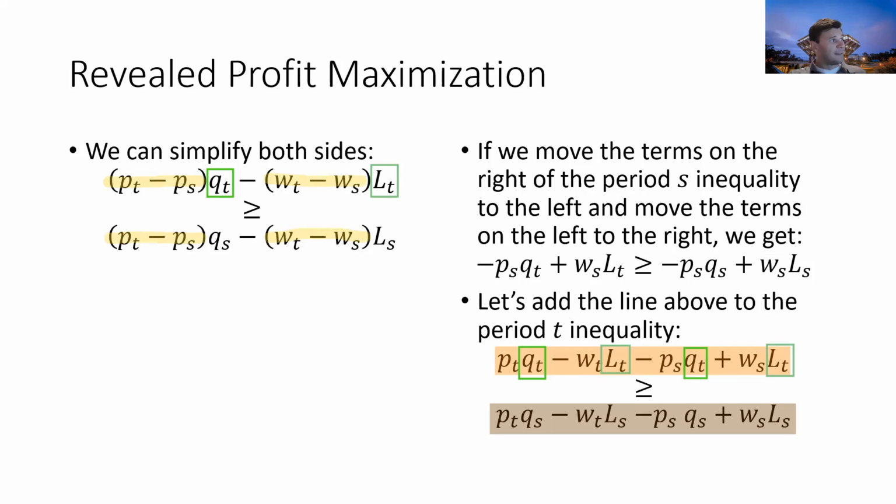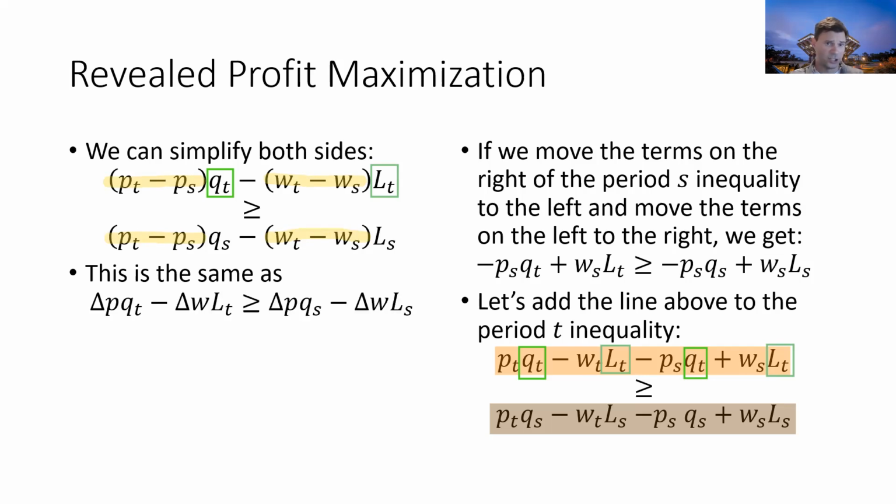And the next thing I'm going to do is just relabel the terms in yellow. PT minus PS, WT minus WS. Let's just call those the change in P and the change in W. Same equation. Hopefully you agree that the left side here is still all the terms that we have in orange. The right-hand side are still all those terms that we have in brown. And if we're maximizing profits in both periods, this has to be true.